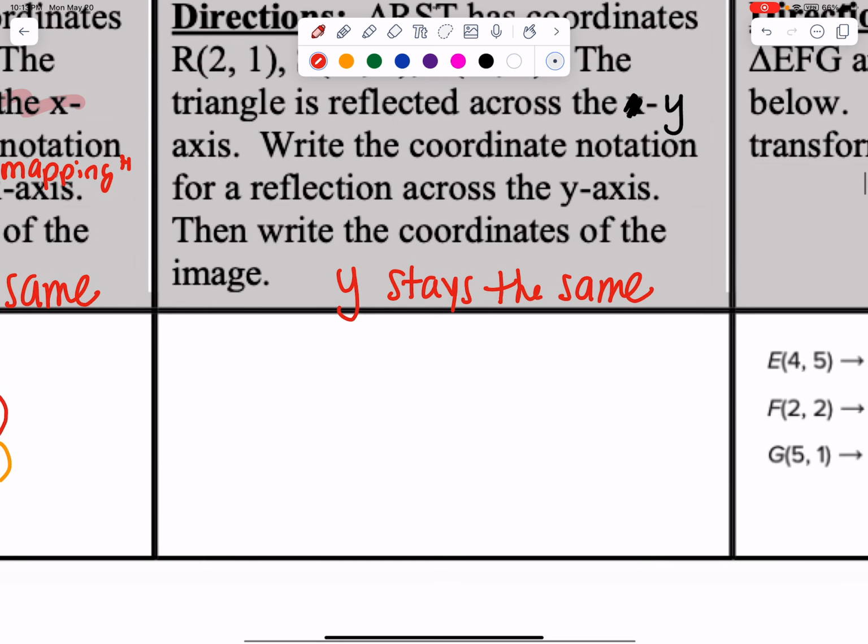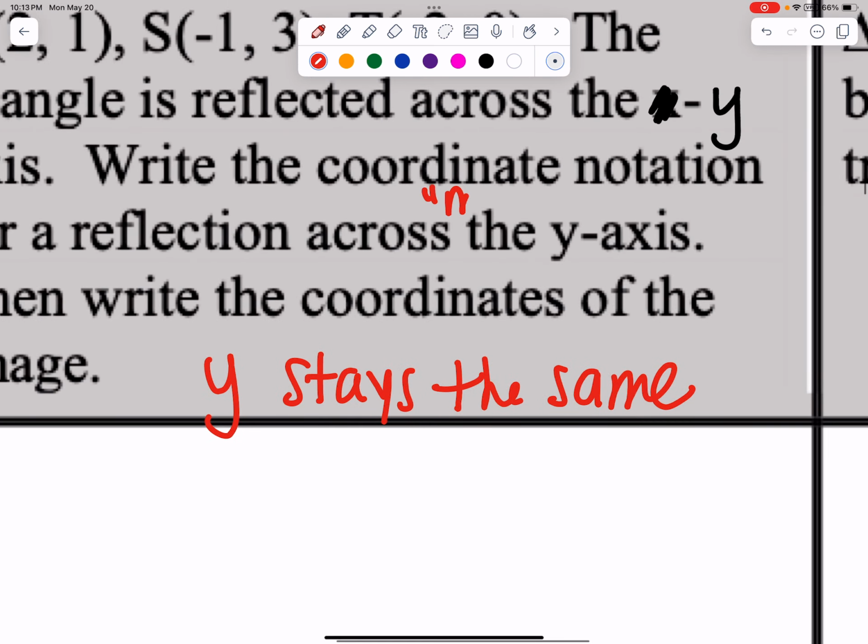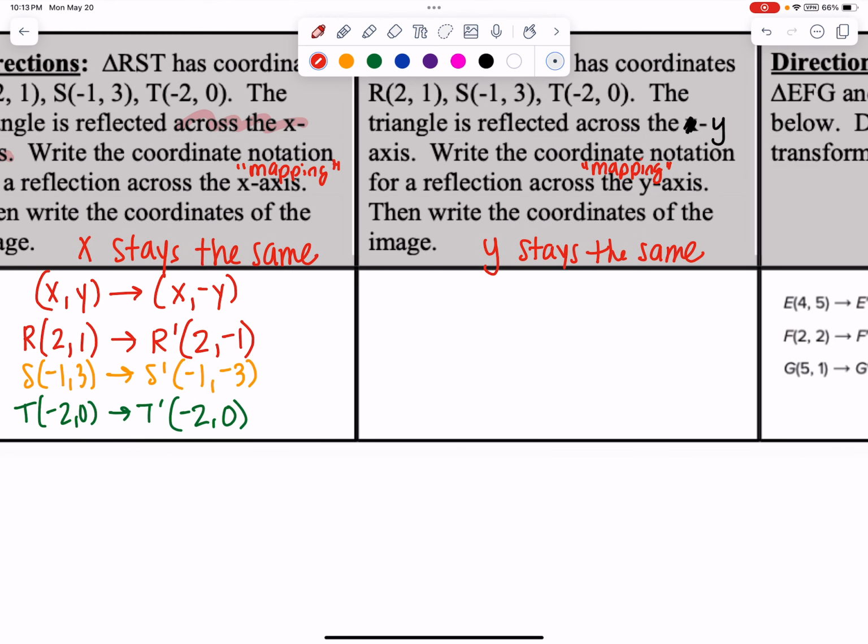Okay, so remember coordinate notation, our official name we're using is mapping, okay, which is just the rule. So what's the rule? Well, it means we're going to take x and y, and what are we going to do to x and y? Well, across the y-axis, what stays the same? Y stays the same. What happens to x? We change its sign. So that's what's happening here.